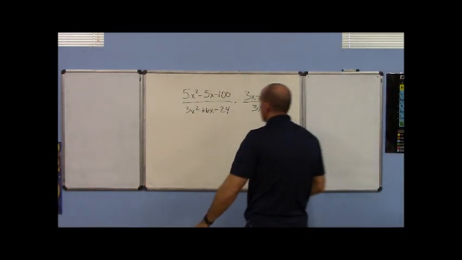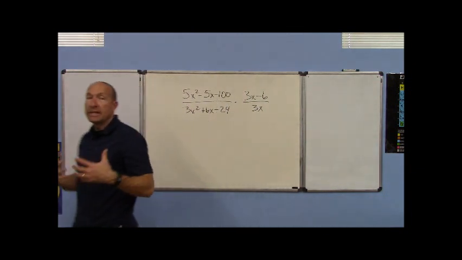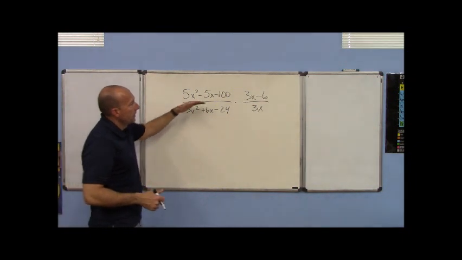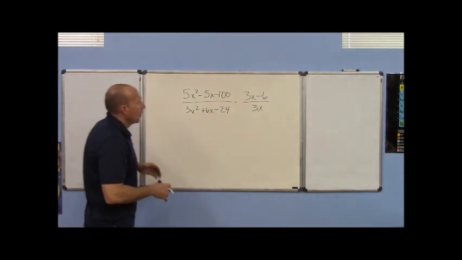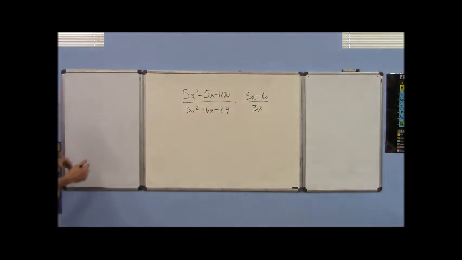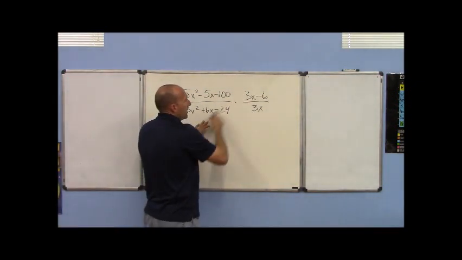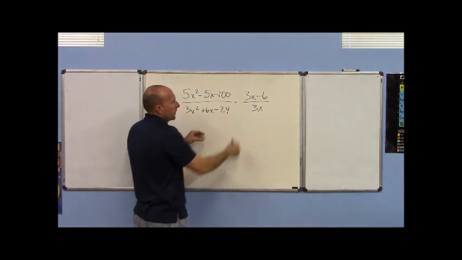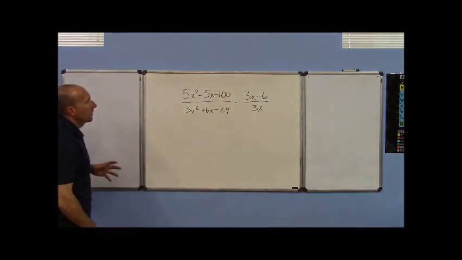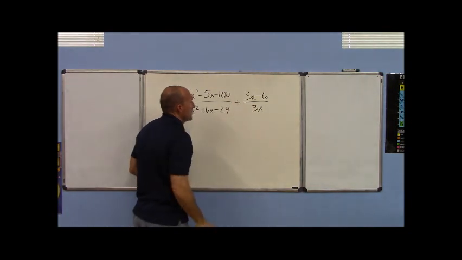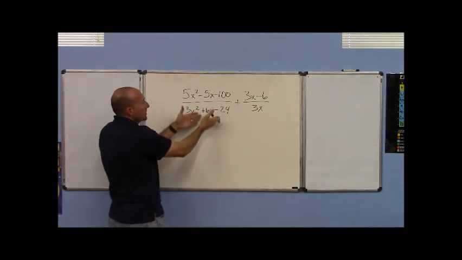Before we move along, one thing that we need to realize that we can do is whenever we are multiplying fractions, we can remove or factor out crossways if necessary. Whereas if we were adding or subtracting these fractions, we can only factor out the tops and the bottoms here.